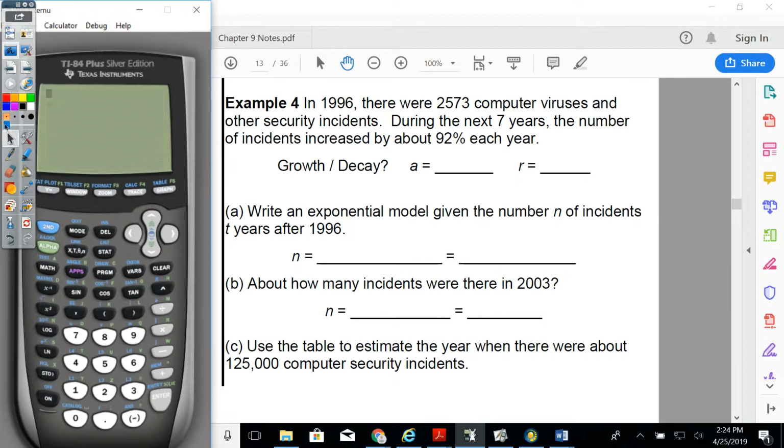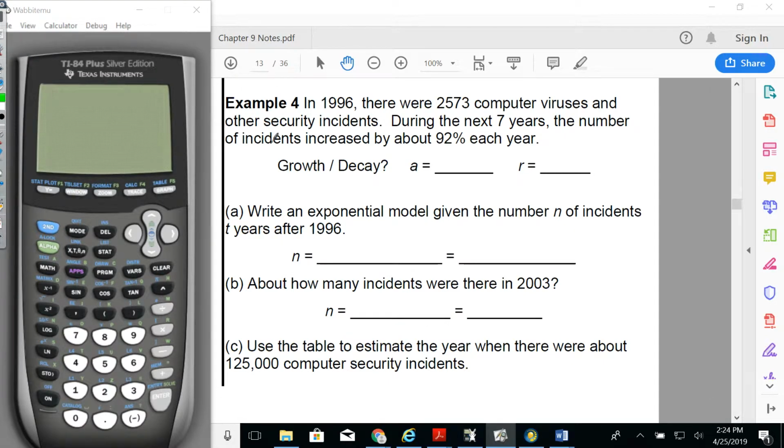Okay, in 1996, there were 2,573 computer viruses and other security incidents. During the next 7 years, the number of incidences increased by about 72% each year. I want to know first, is it growth or decay? So since it says it increased, we know it's growth.